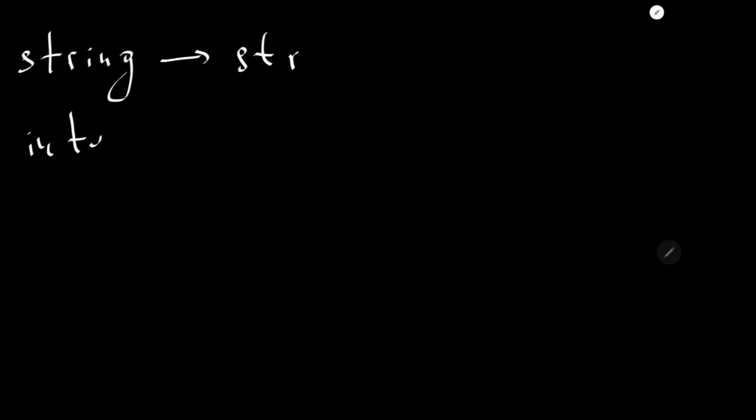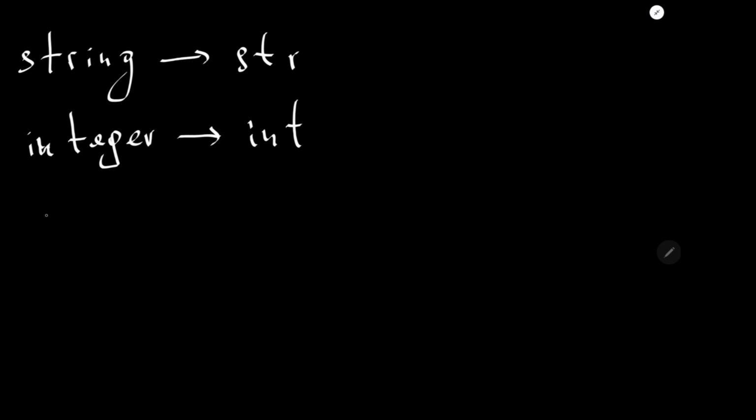The first type of variable is string. Briefly, we say str. The next one is integer. The abbreviation of integer is int.